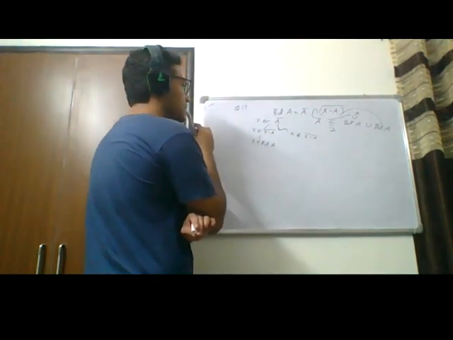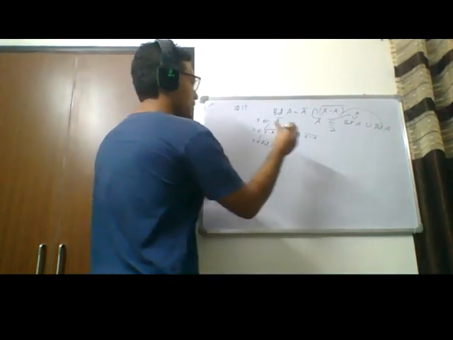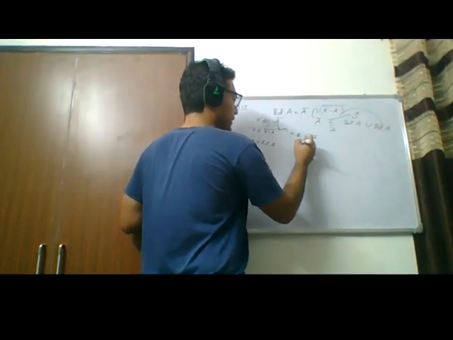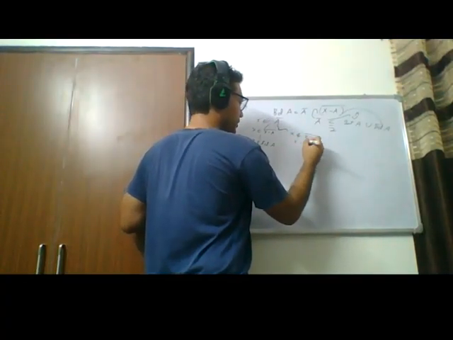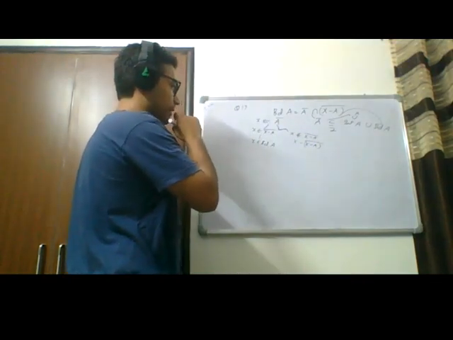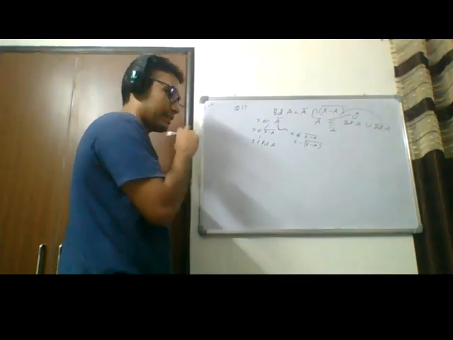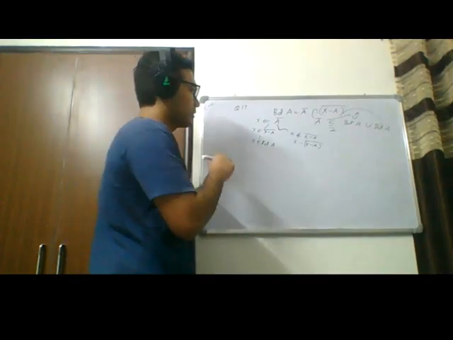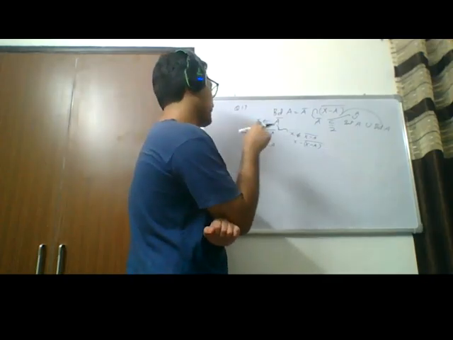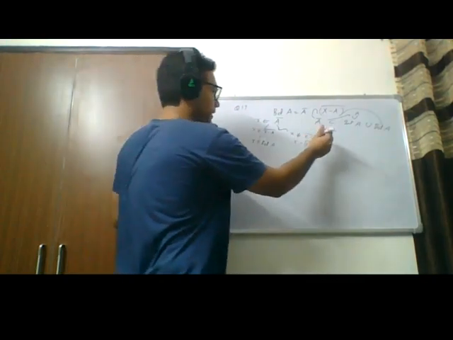And for this one, now let's see. Hmm. So X minus X minus A closure is an open set, right? And how do you show it's an open set that is contained in it, right? Oh yeah, that's actually pretty easy.